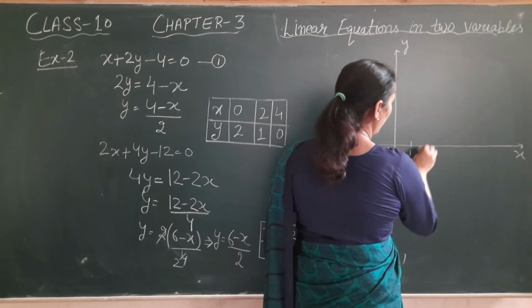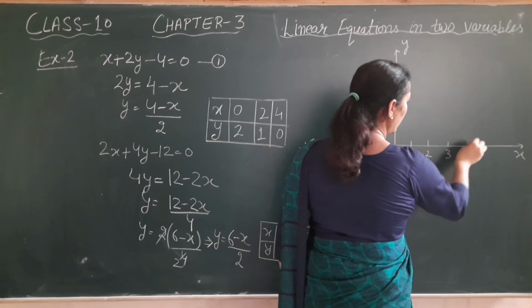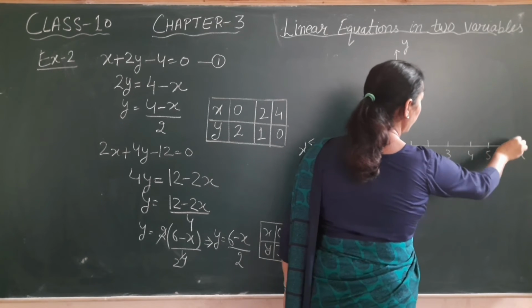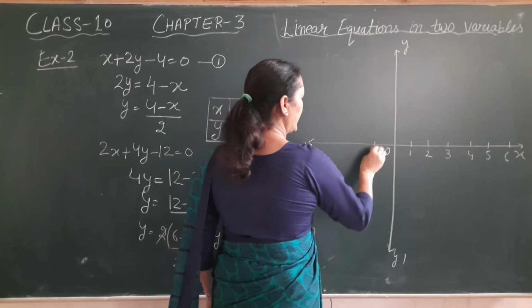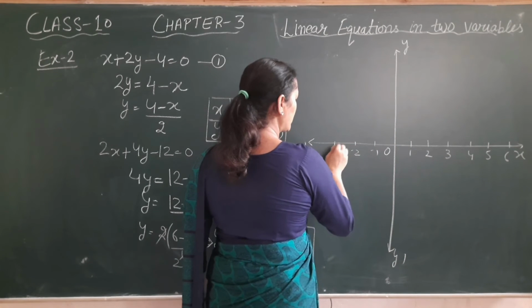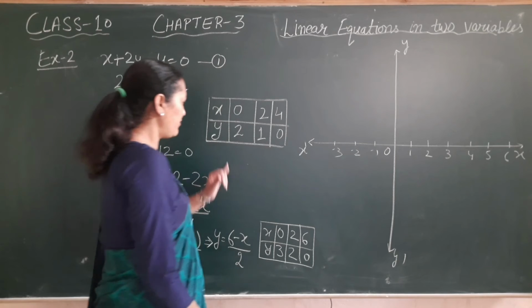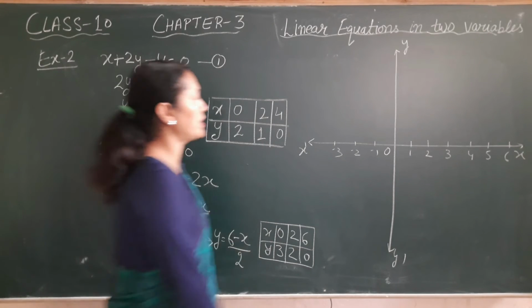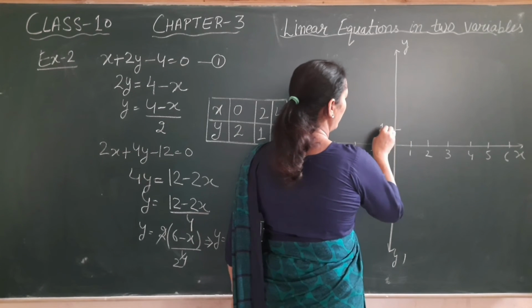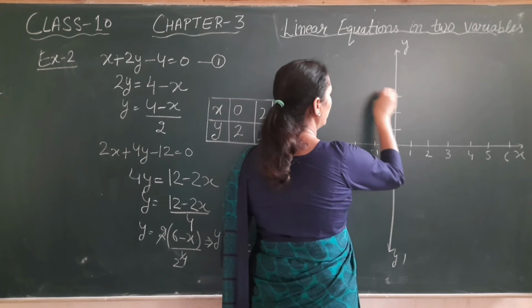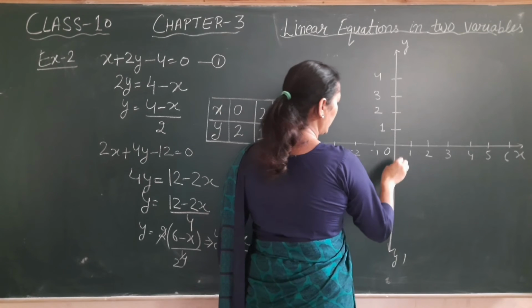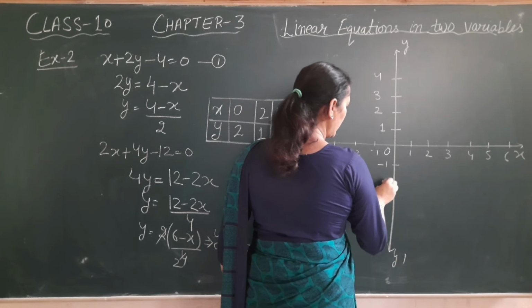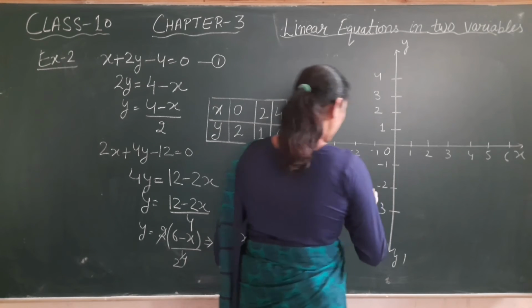Then 1, 2, 3, 4, 5, 6. Negative side -1, -2, -3. And y maximum we have gone to 3: 1, 2, 3, 4. Negative side -1, -2, -3.